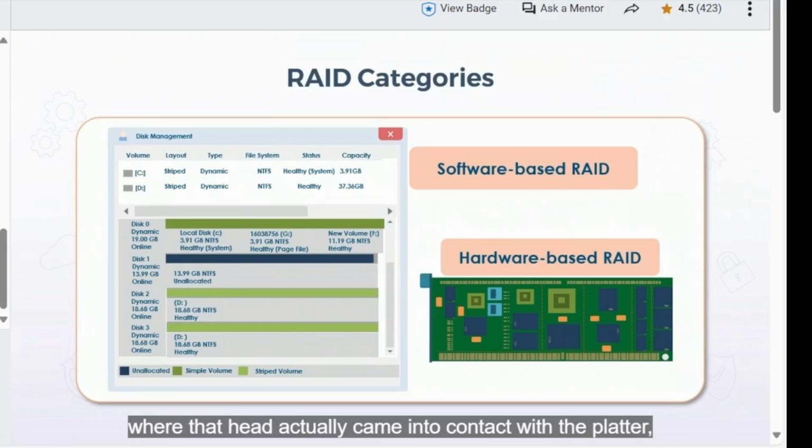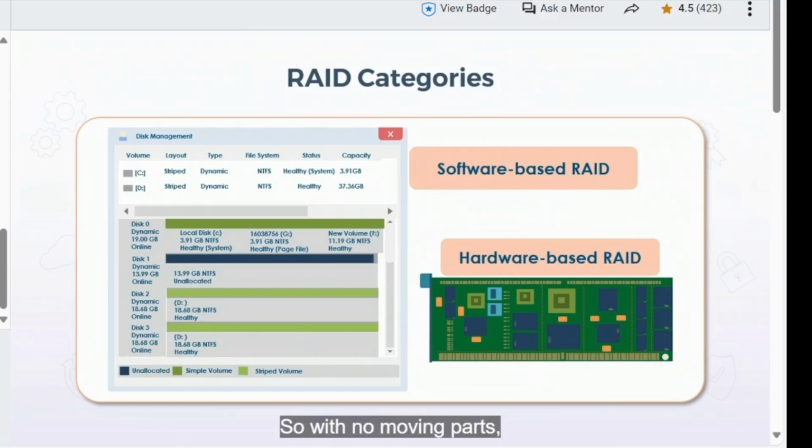But hardware-based RAID means that you go out and you purchase what's known as a RAID controller card. This card gets installed into one of your expansion slots and likely comes with vendor-supplied software as well. So you don't have to use something like the inherent disk management utility of Windows to configure the RAID solution.